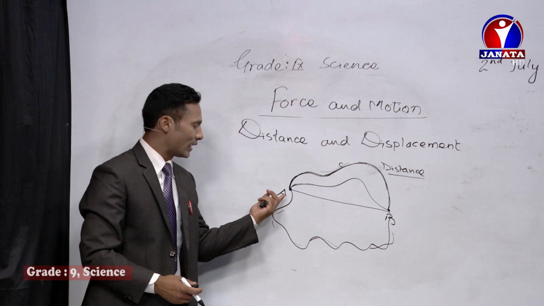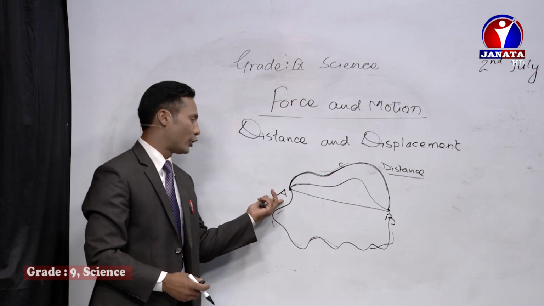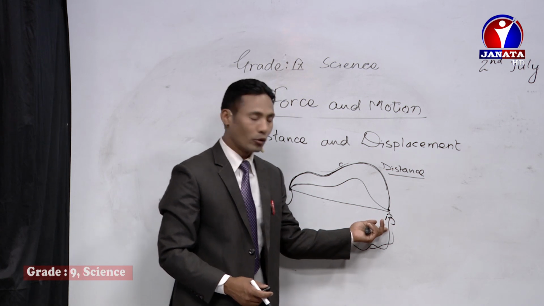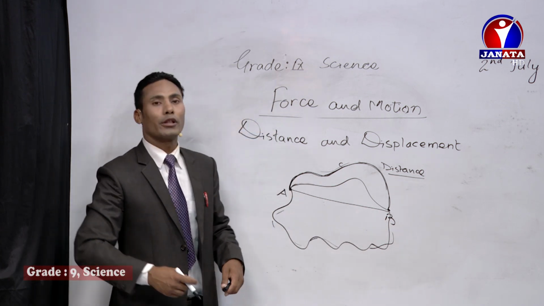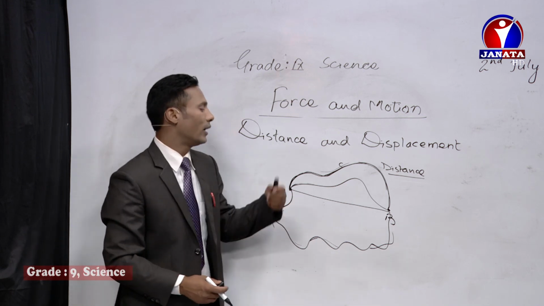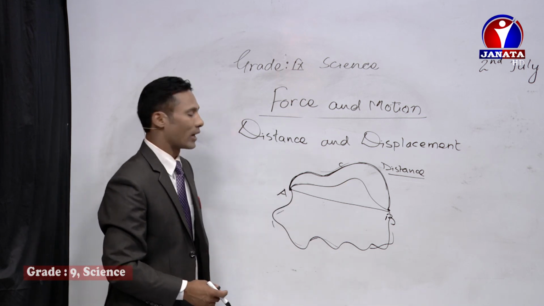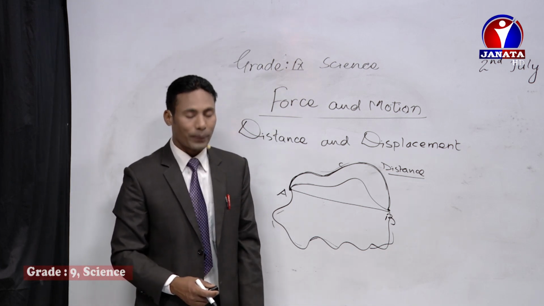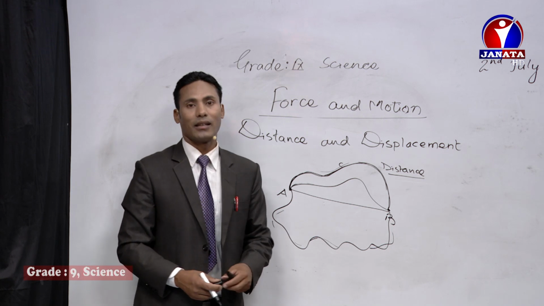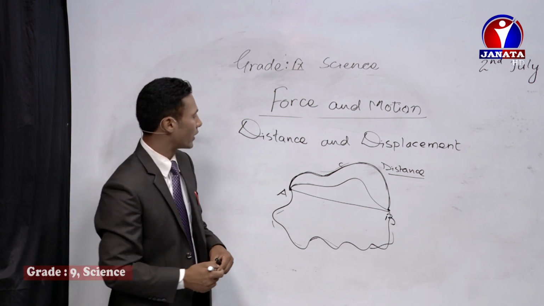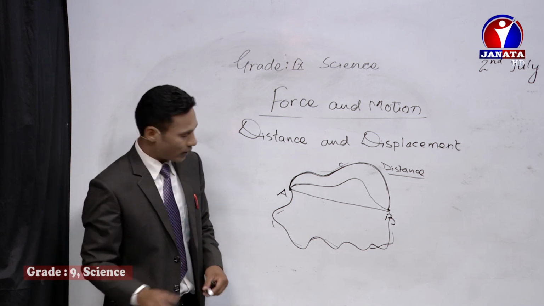Suppose I started from here, this is the initial point, and this one is the destination or final point. The shortest distance between the two points, from initial position to final position, is known as the displacement. So displacement is the shortest distance, and the total length of the path covered is called the distance.